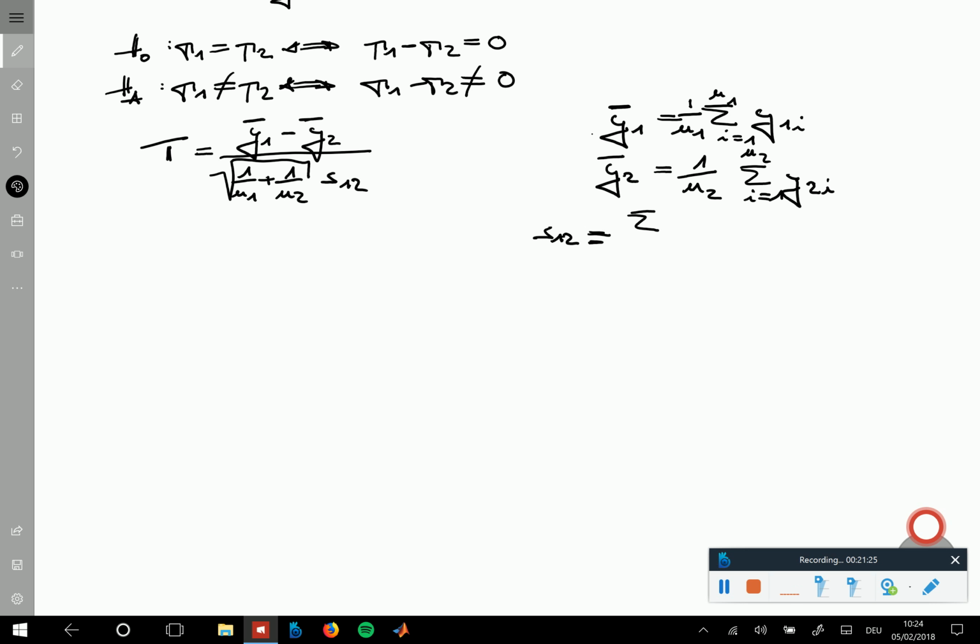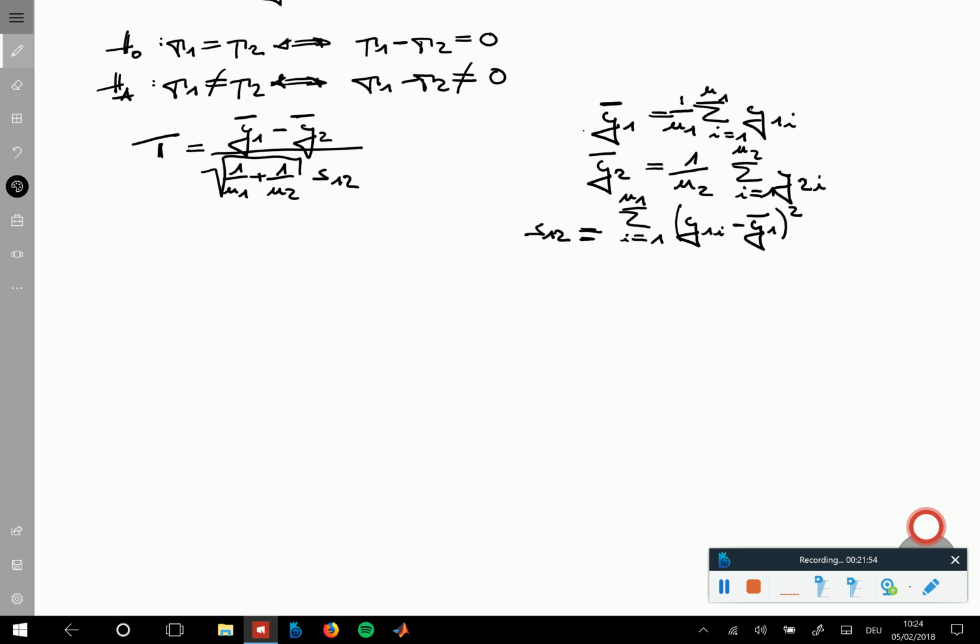So you compute the squared deviation in the first group from its expectation. These are the data points in the first group. You subtract from each one the average of these data, square them and sum them up.